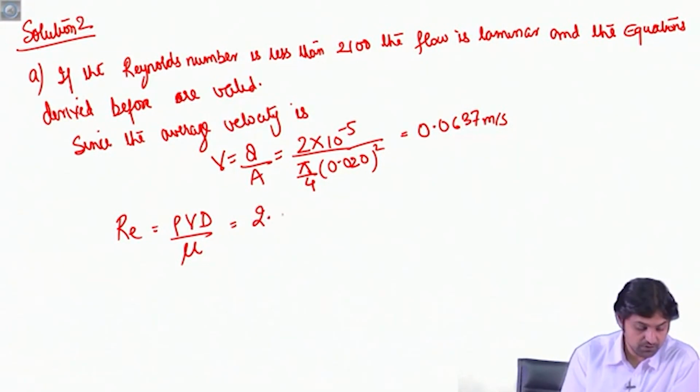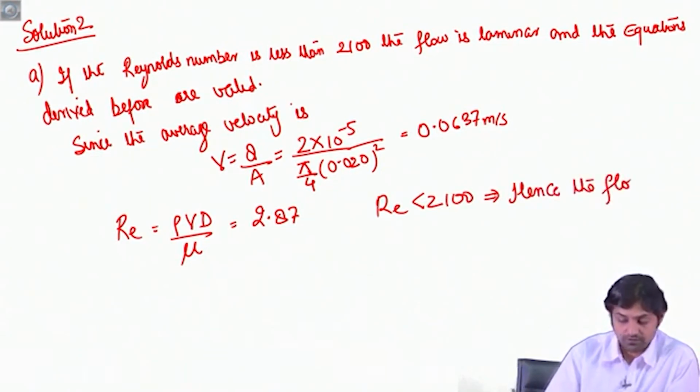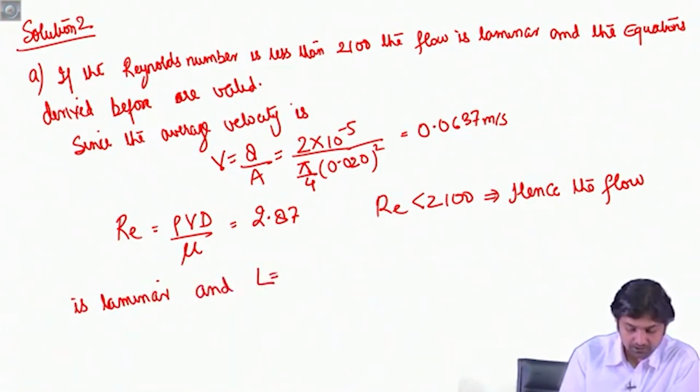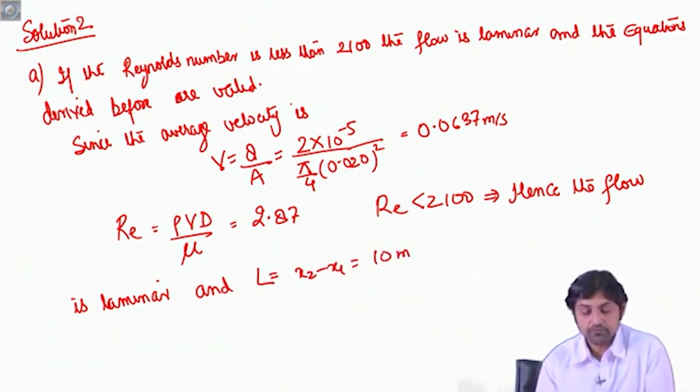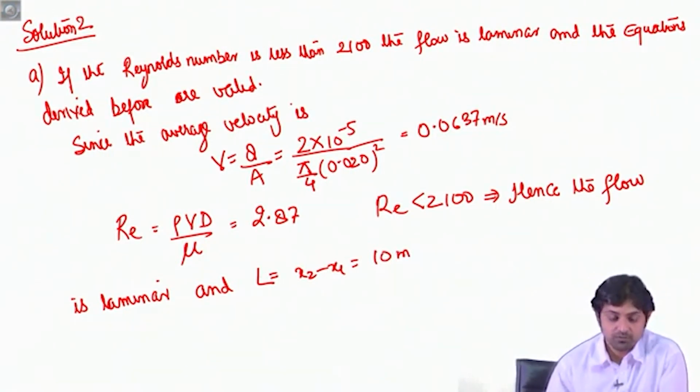With this velocity we are going to get Reynolds number of 2.87. This Reynolds number is less than 2100, hence the flow is laminar and L is equal to x2 minus x1 is equal to 10 meter. So first we found out the velocity, checked using the Reynolds number if it is laminar or not.